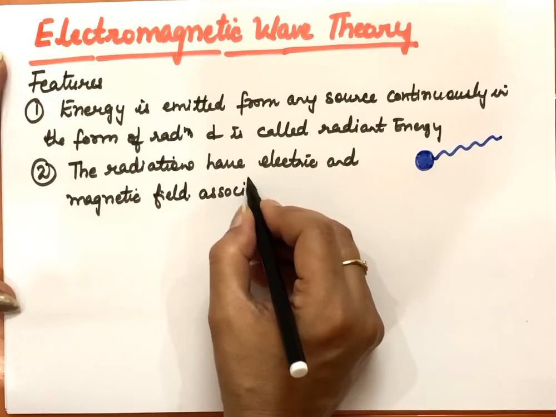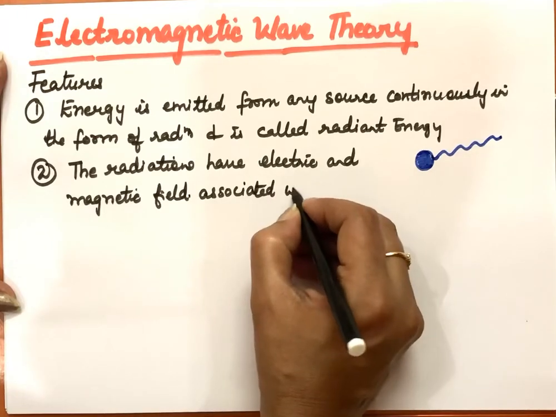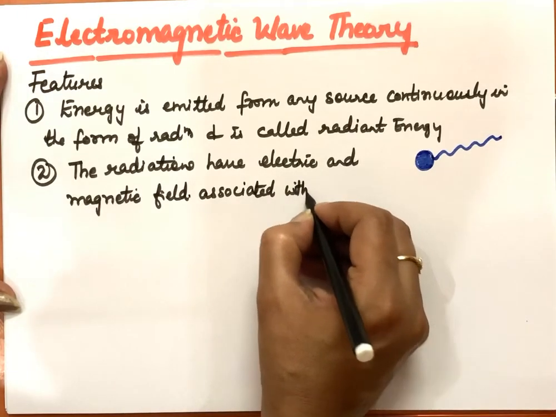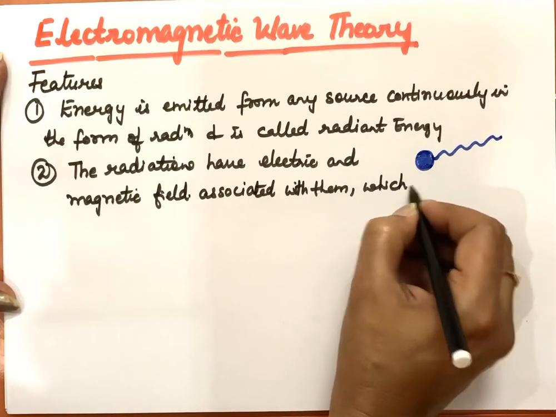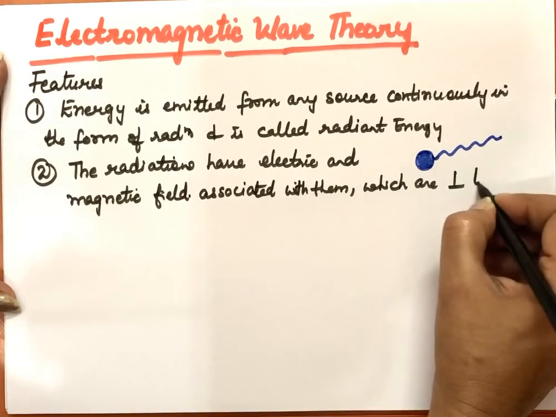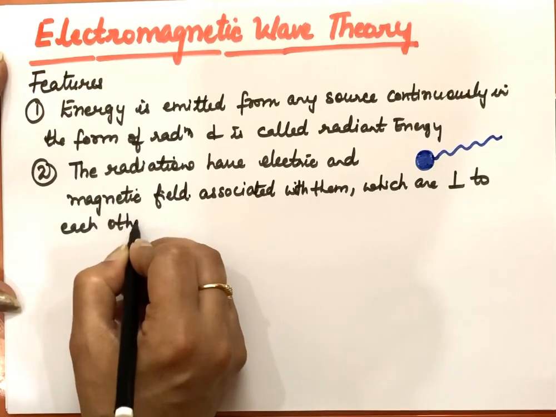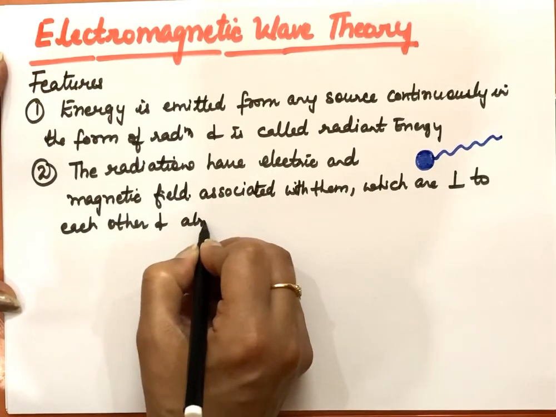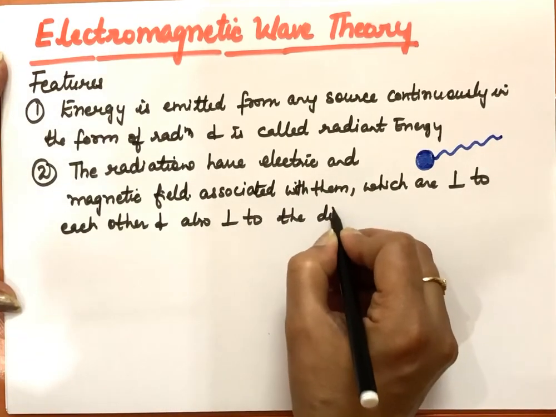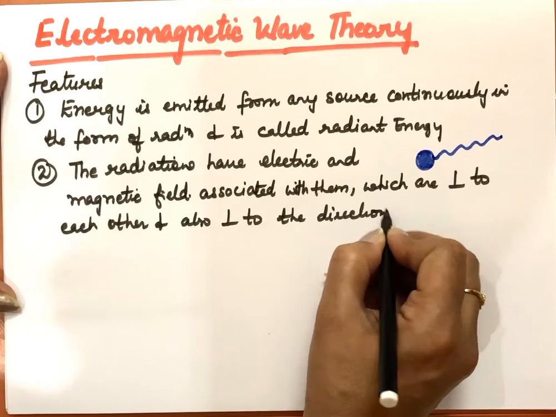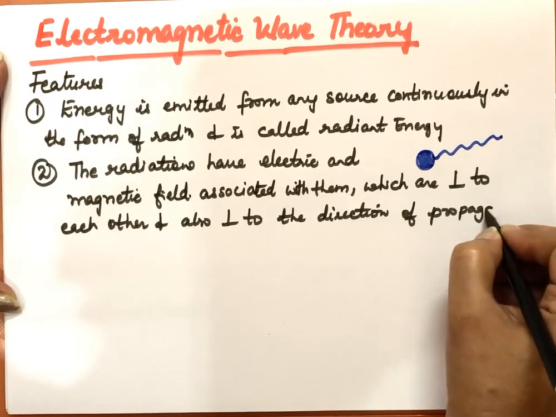So this radiation will have electric and magnetic fields, and these fields are perpendicular to each other and also perpendicular to the direction of propagation of radiation.